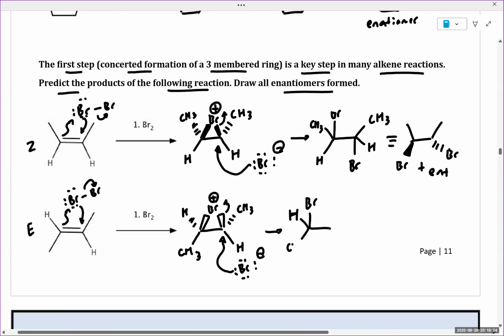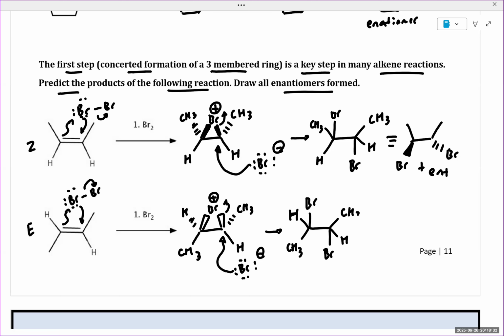I'm going to draw it in this rudimentary way before I add in the dash wedge notation. Okay. So, as we can see in this case, we have the two bromine atoms on opposite faces, like so.